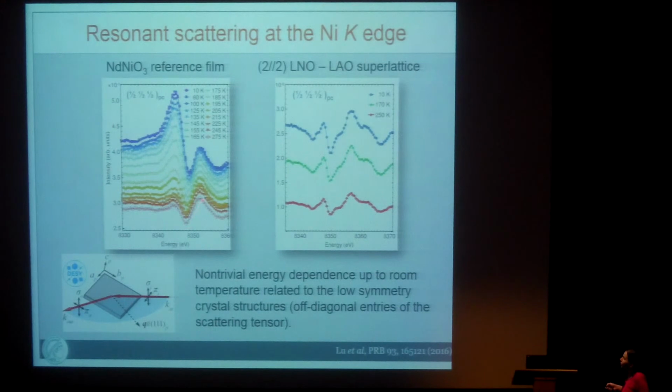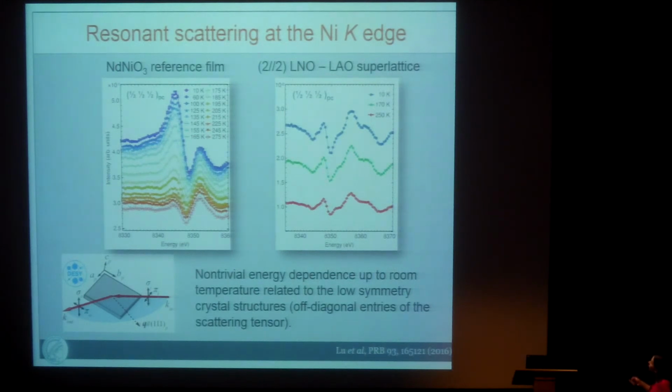Nevertheless, we also have a modulation and energy dependence at room temperature, and that was pretty puzzling. So it took really 1.5 years to analyze this data, because we first needed to understand where this non-trivial energy dependence came from.